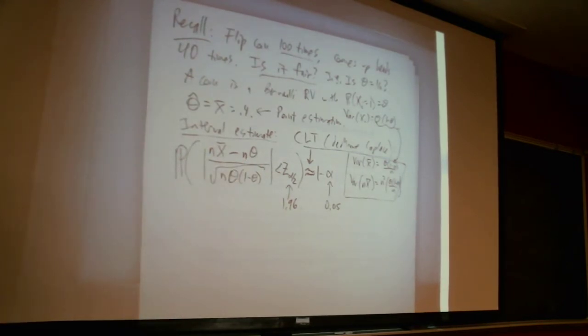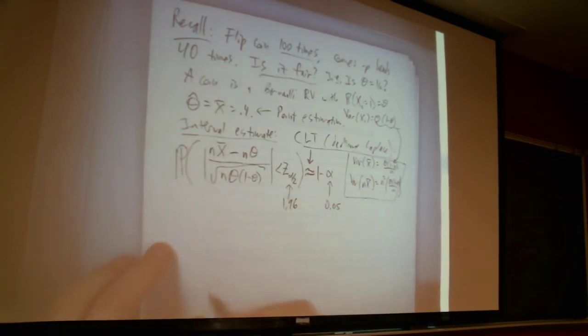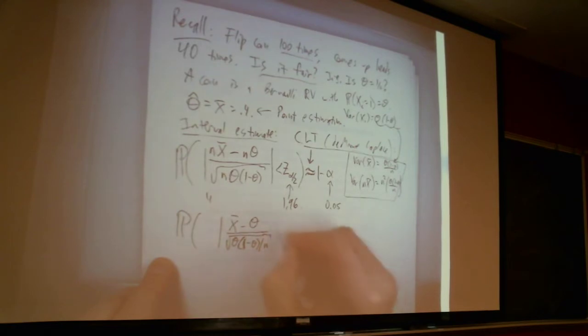Now let's solve for theta. So if I divide both sides by n, this probability, question? No. This probability is the probability that, let's just simplify a few steps at a time, x bar minus theta divided by the square root of theta times 1 minus theta over n is less than z alpha over 2.